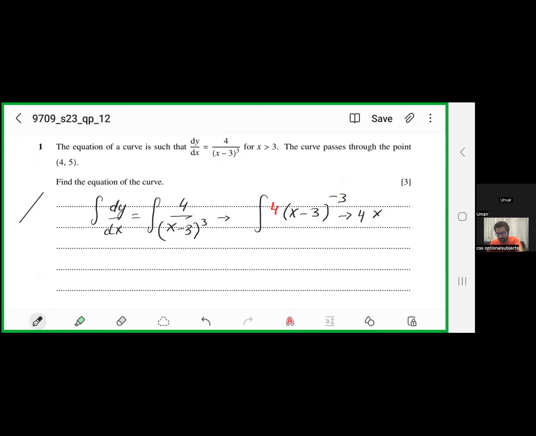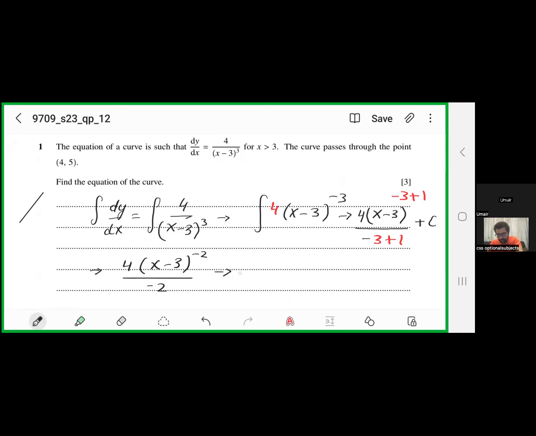So in integration, what we do, we increase the power by 1 and we divide by this new power in the denominator, plus c. So what you will get is 4 (x minus 3) power minus 2 divided by minus 2.